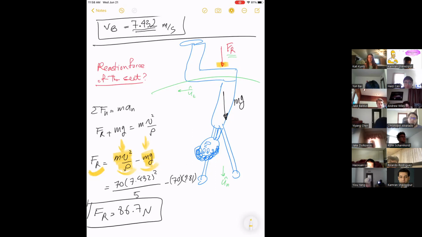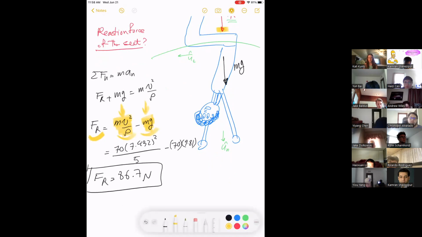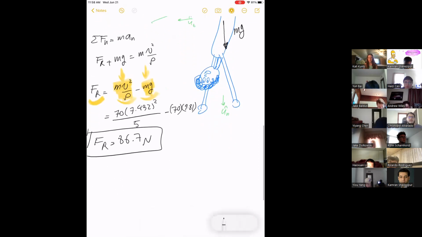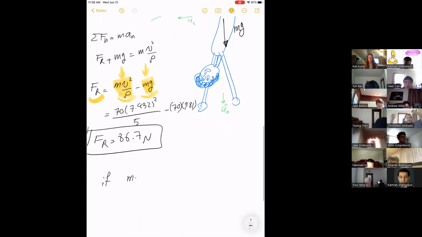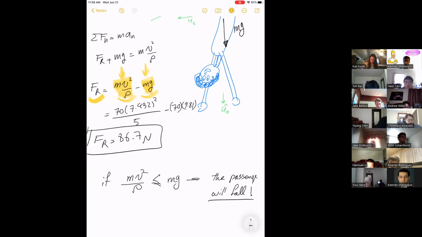So practically, if m v square over rho is equal to or maybe smaller than mg, then the passenger will fall and can sue Disney for millions if he survives, right?